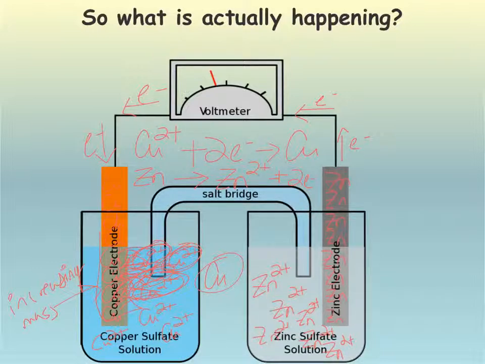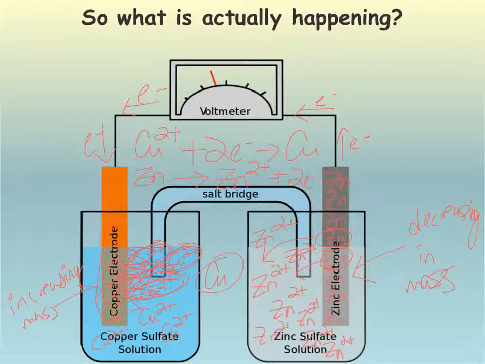Okay, over here, as these zincs are sending electrons through the wires, they are becoming zinc 2 pluses. So they are then falling off of the electrode into solution. So this electrode over here is decreasing in mass. Okay, so that's essentially what we got going on right here. We got an electron flow going from the oxidized species to the reduced species.